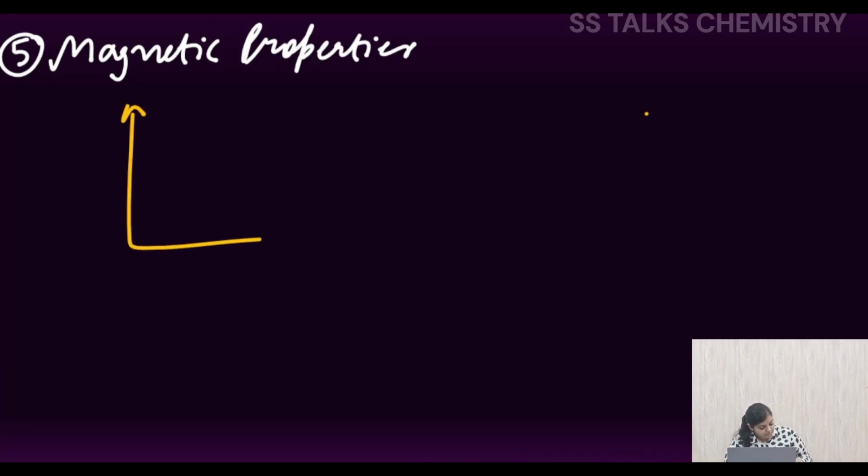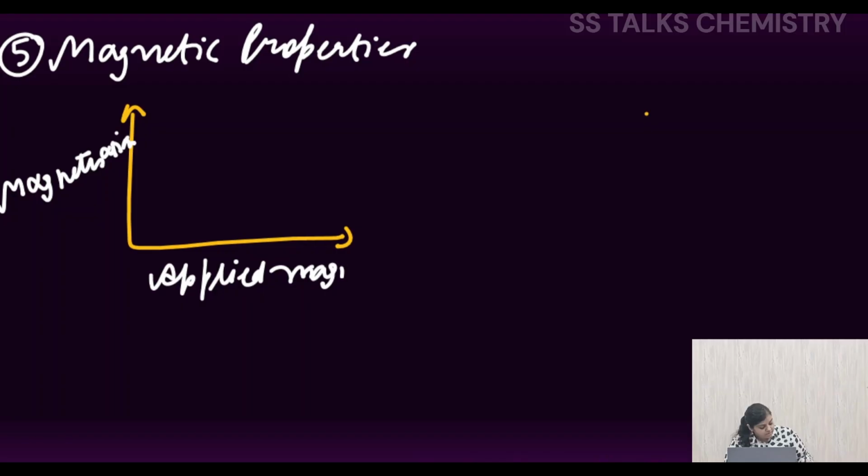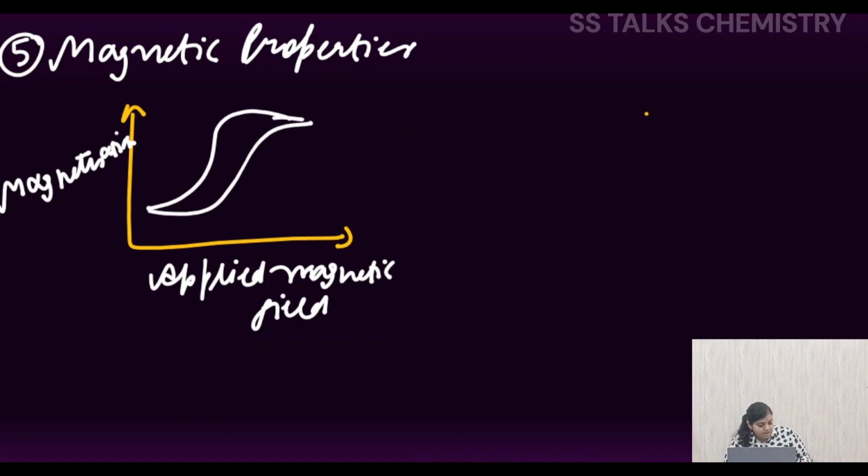That is, you have a plot like this of the extent of magnetization versus the applied magnetic field. This type of curve has been observed. So this is my hysteresis loop, and this is for the bulk material.